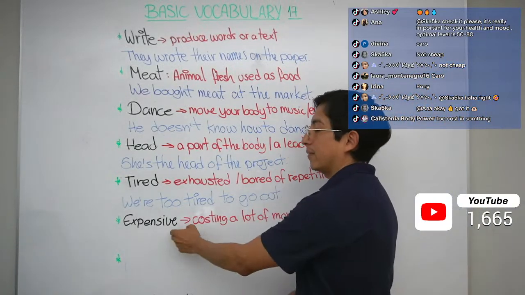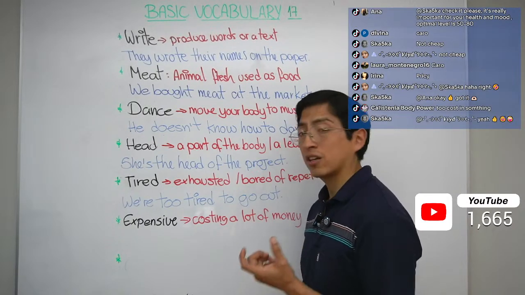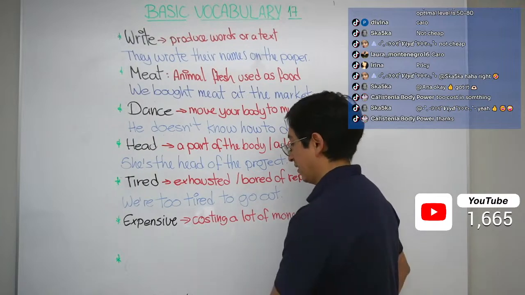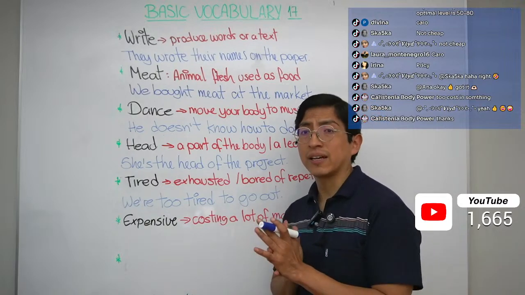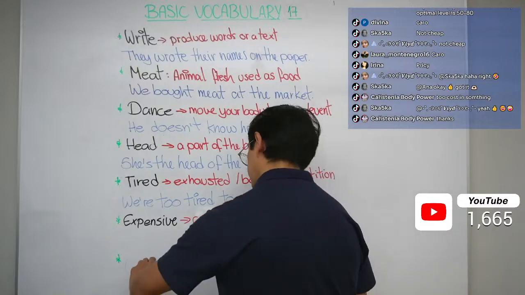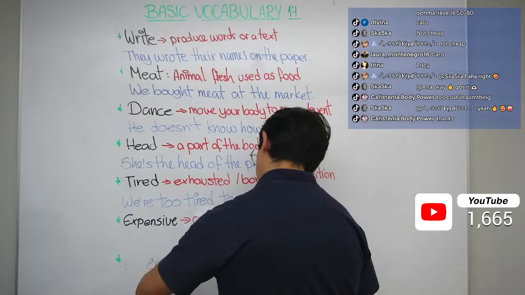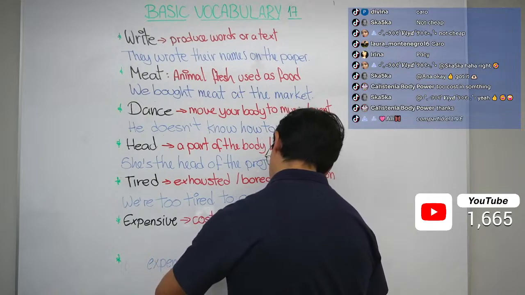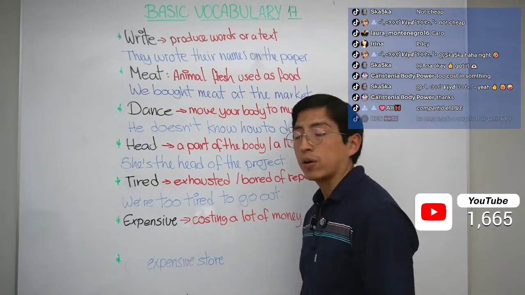Okay, expensive. Expensive is when something is costing a lot of money. It costs a lot of money. So this is an adjective. For example, we can say, this is an expensive store.